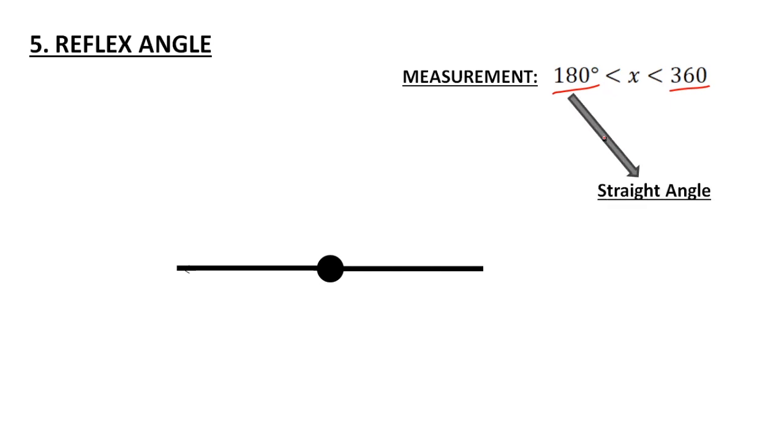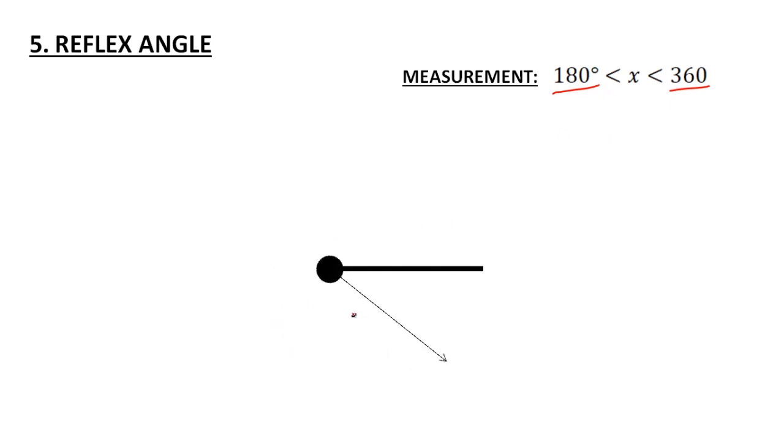If it is equal to 180, it is a straight angle, and if it is 360, it is a complete angle. So it should lie in between 180 and 360, somewhere here below the line. Okay, so this angle that we get here is the reflex angle.